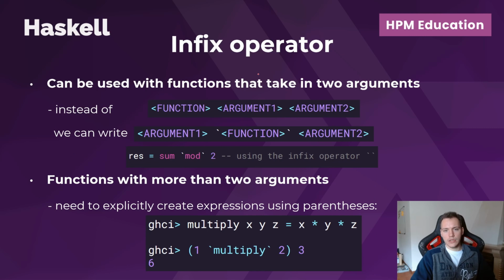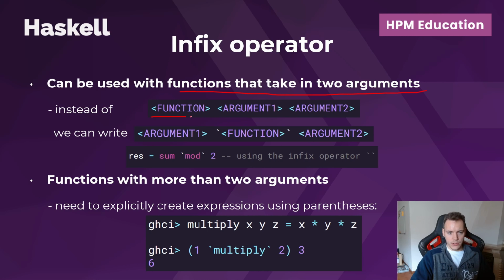The infix operator. So we saw the way that we apply functions is to write a function name and then list its arguments we want to apply it to. But this maybe is not the most readable form, and there is a better one that can be used with functions that take in 2 arguments, and that is with the infix operator.